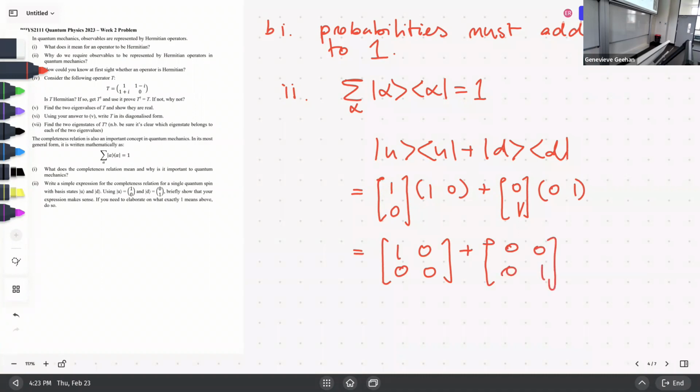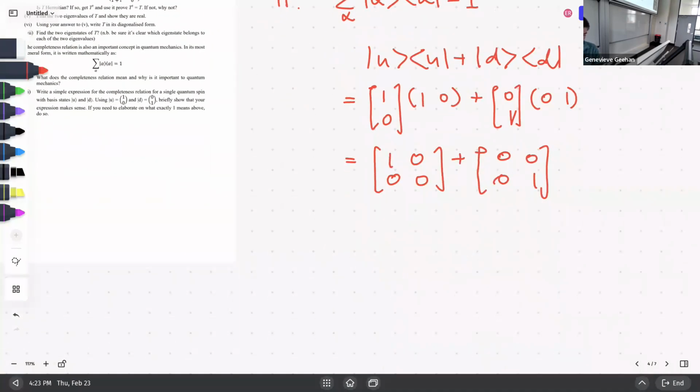Hopefully we get to those today. So you're now just adding these up, and you may recognize this. This is the identity matrix, which is essentially 1 in the matrix equivalent. Great. So that's the last question.